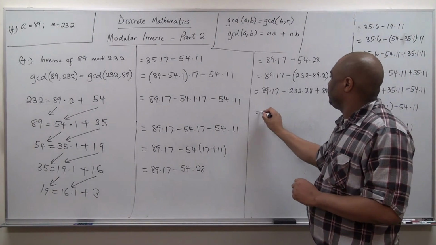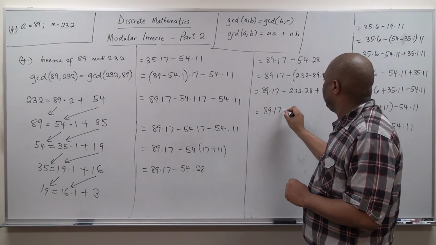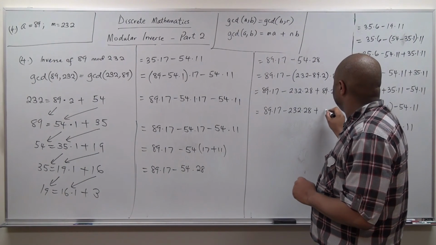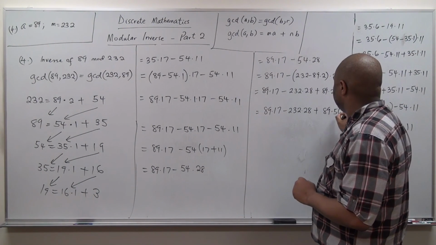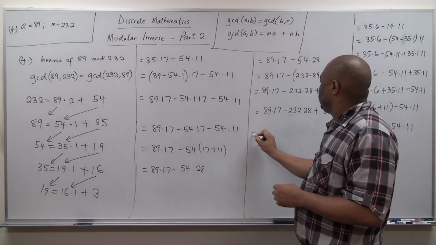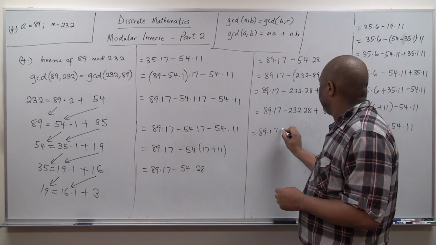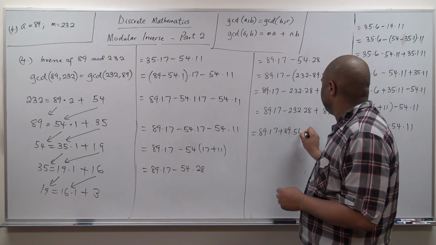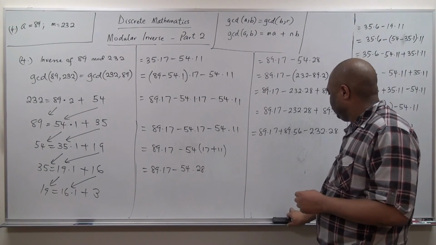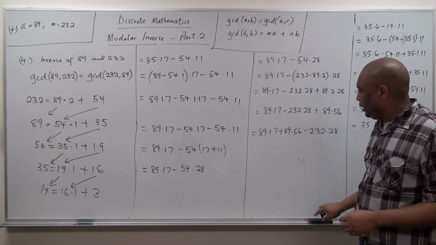So this is now 89 times 17 minus 232 times 28 plus 89 times 56. Get the 89s together. So this will be 89 times 17 plus 89 times 56 minus 232 times 28. Okay?